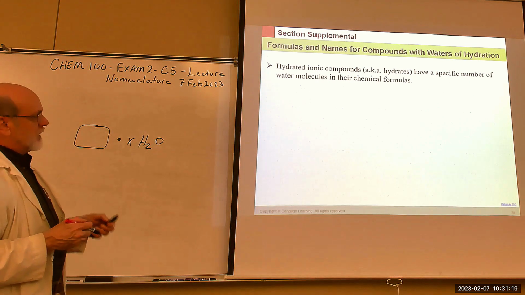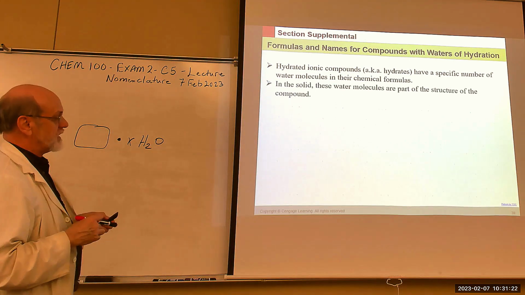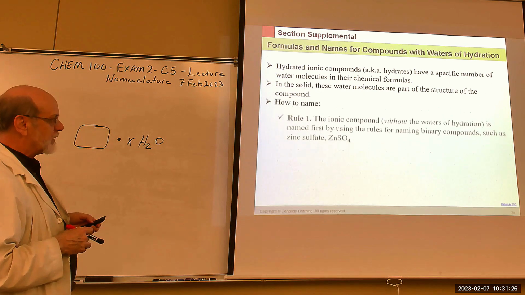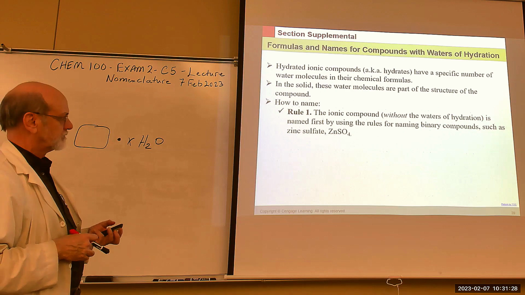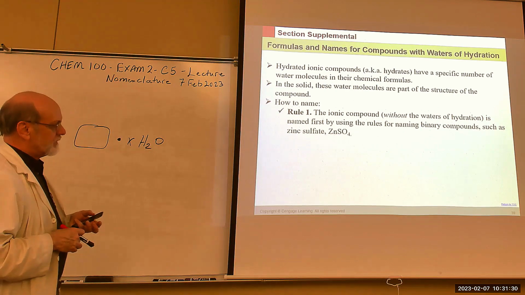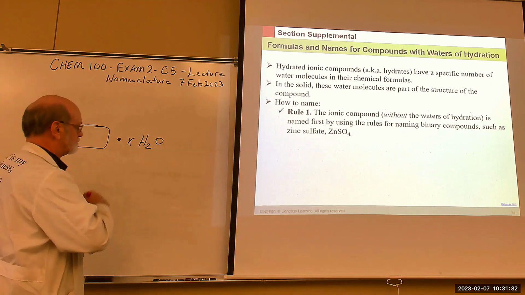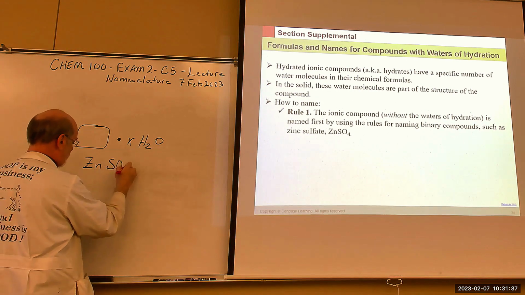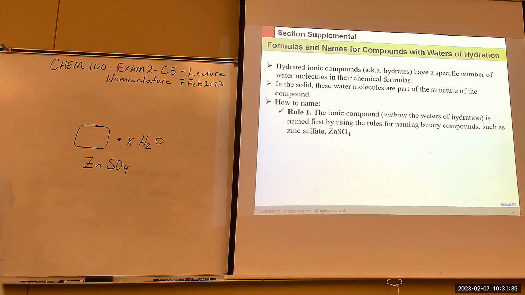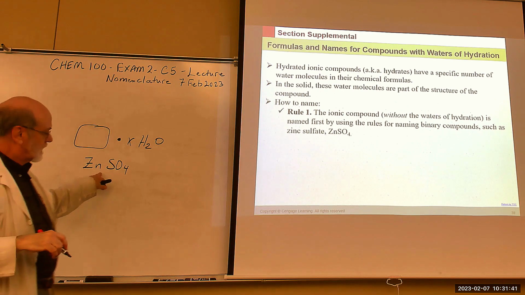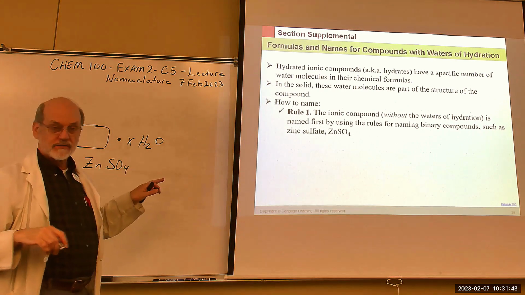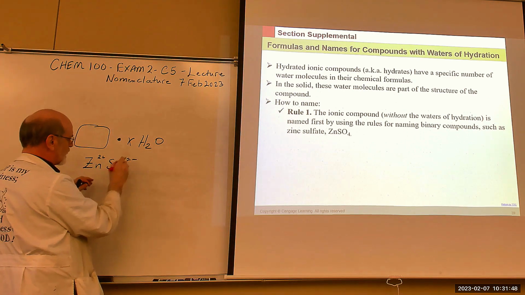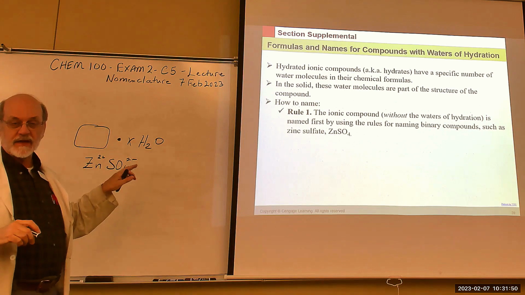Okay. So if we know that the water molecules are part of the structure of the compound, how do we name it? Here's an example. This is zinc sulfate. Right? And zinc is one of those that is a fixed charge. It's always 2+. And this polyatomic is always 2-. So we name it like a type 1 compound.